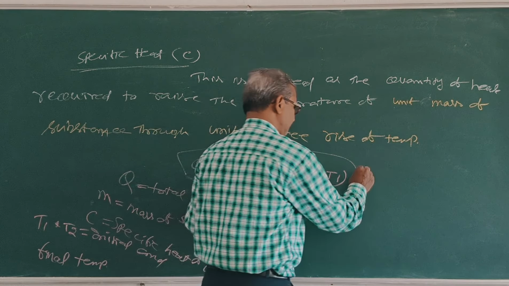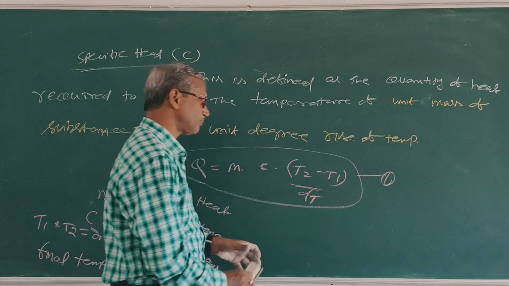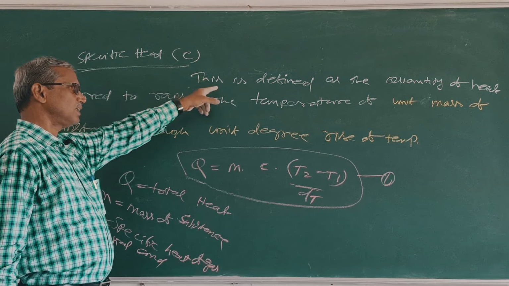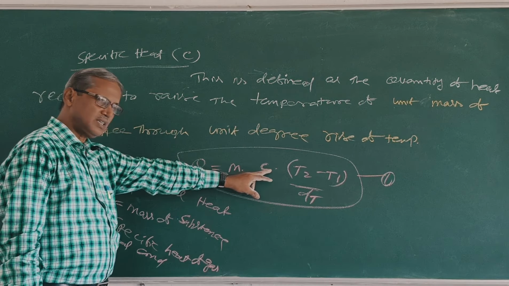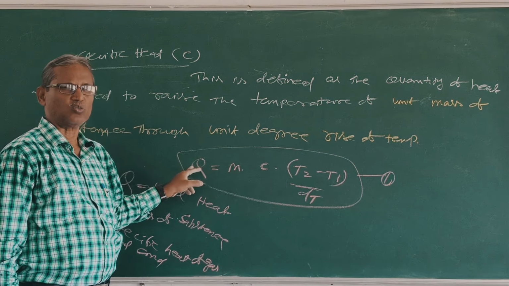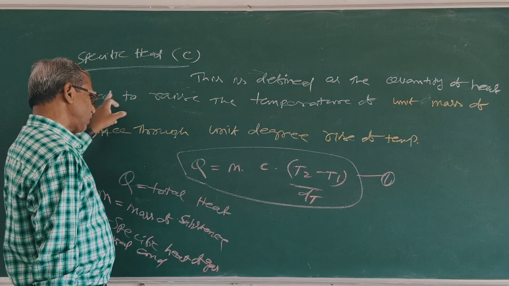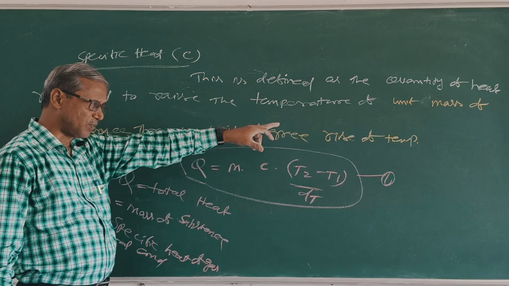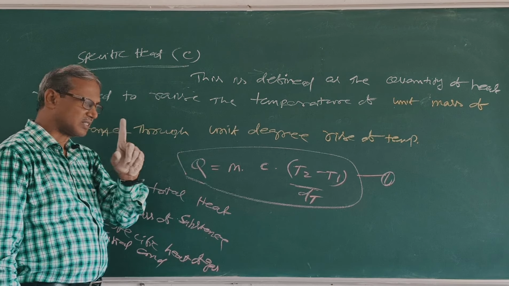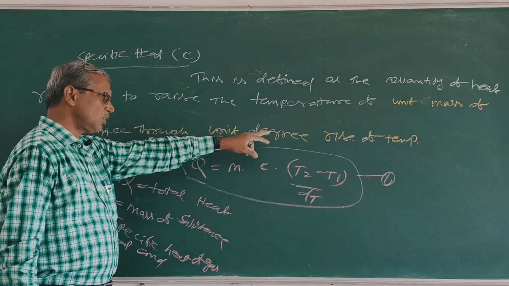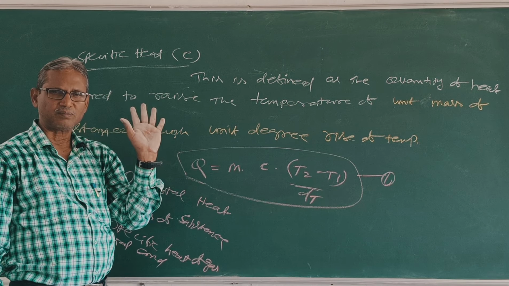This is equation 1. See the blackboard. Specific heat is defined as the quantity of heat required to raise the temperature of unity mass of substance, m is 1 kg, through unit degree rise of temperature. Clear?